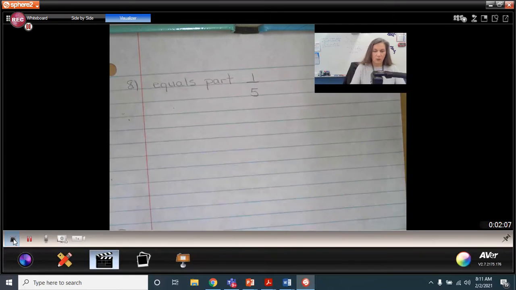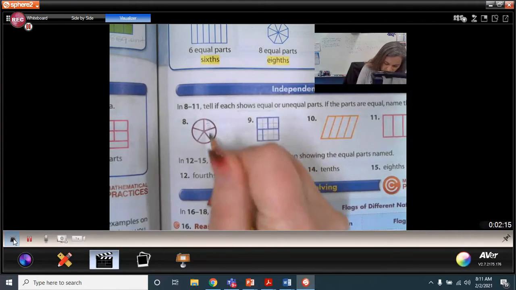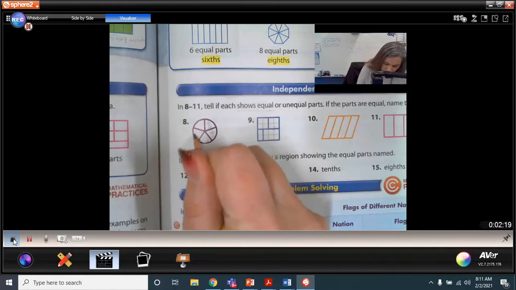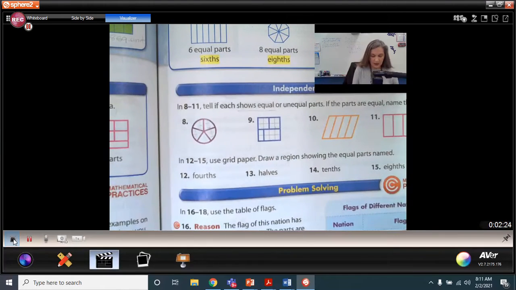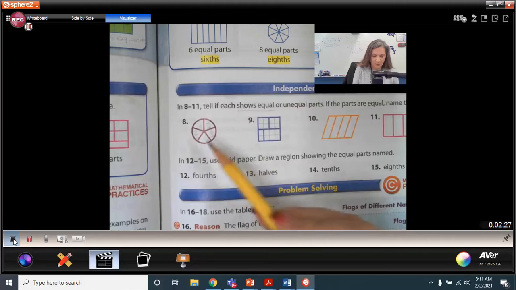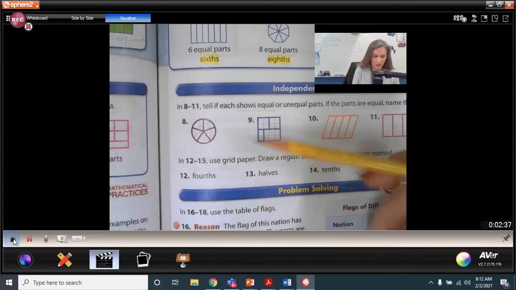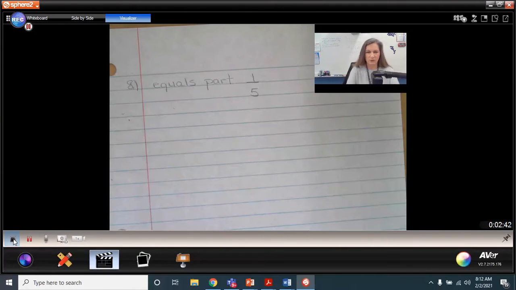I don't normally write in my book, but if I were to go in, I could say this piece is 1/5, this is 1/5, this piece is 1/5, this piece is also 1/5, and that piece is also 1/5. And as we take pieces away, we'll start talking about what that means when we change the numerator. But for right now, we know that each one of these is one of the 5 pieces, or 1/5.